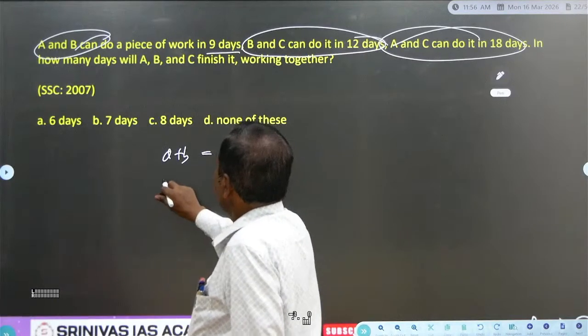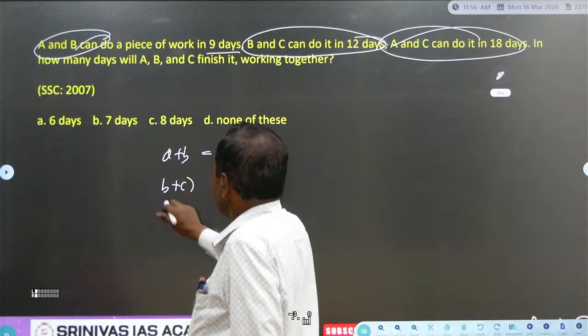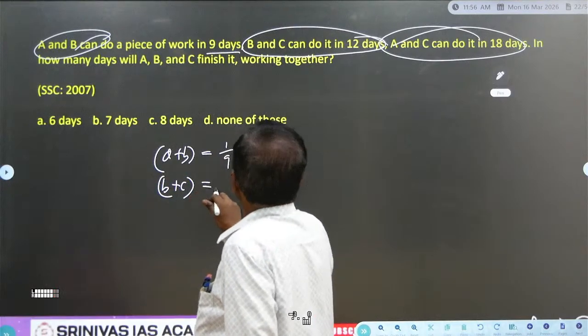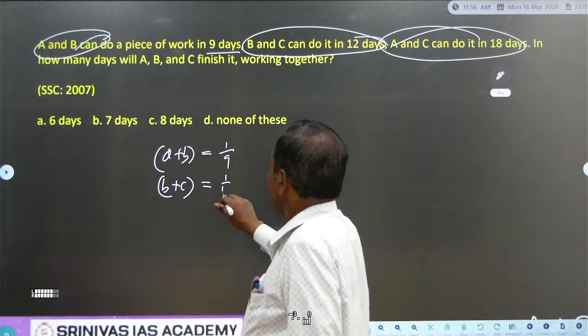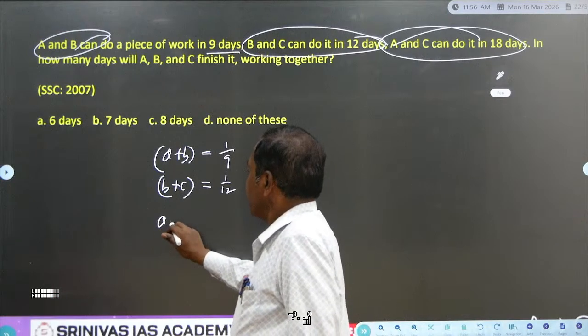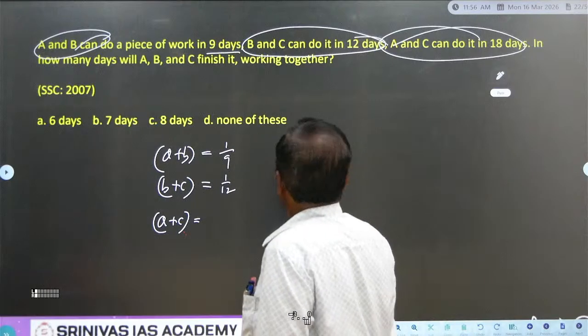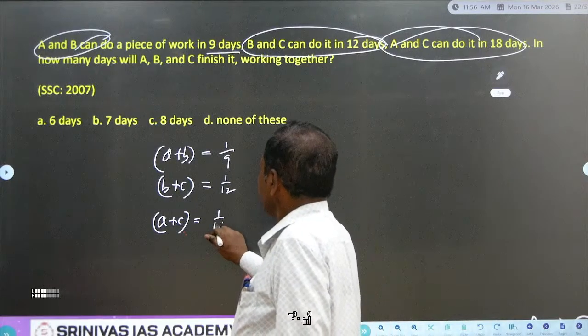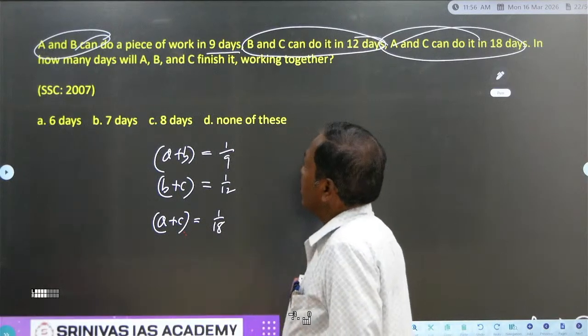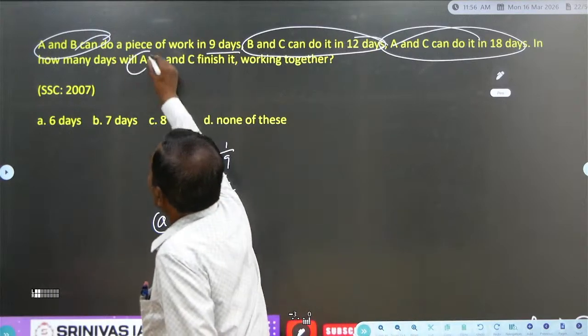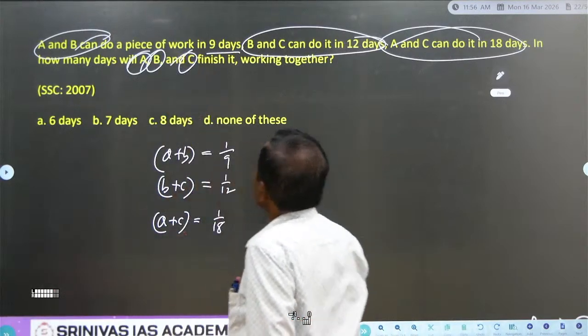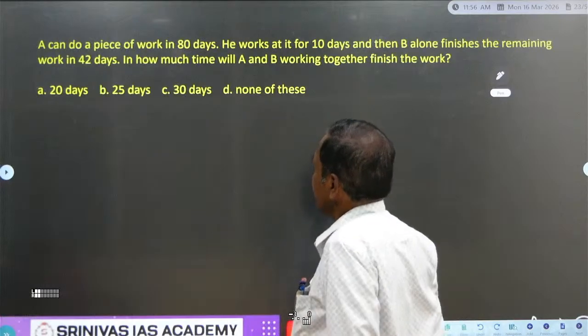And B plus C is 1 by 12. And A plus C is 1 by 18. In how many days will A, B and C finish it?